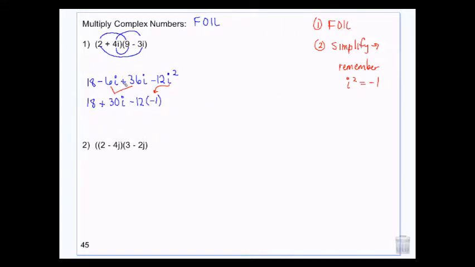It's not completely simplified. So this is actually 18 plus 30i plus 12. And 18 and 12 is 30. So when you multiply two complex numbers, you end up with another complex number, most of the time, unless they're conjugates, which I'll explain later.